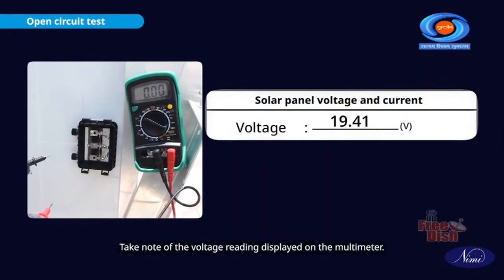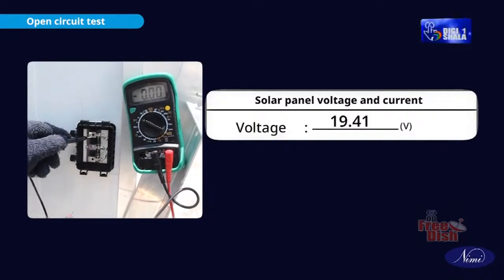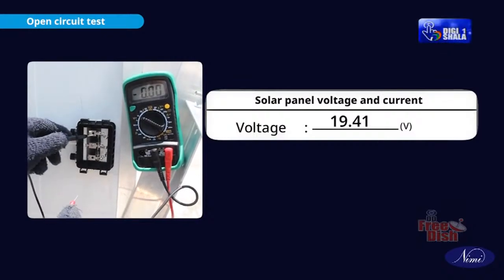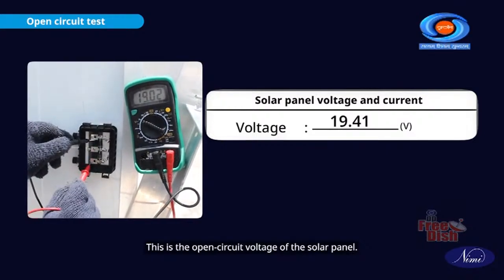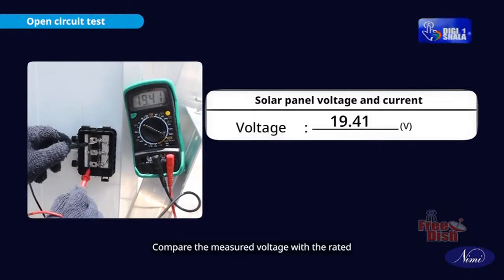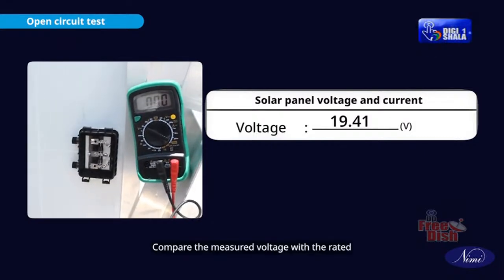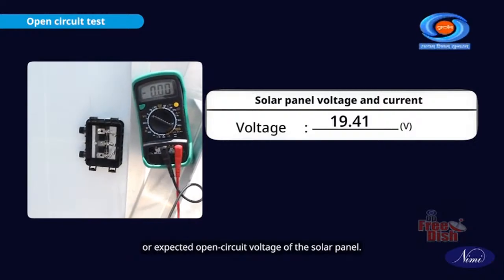Take a note of the voltage reading displayed on the multimeter. This is the open circuit voltage of the solar panel. Compare the measured voltage with the rated or expected open circuit voltage of the solar panel.